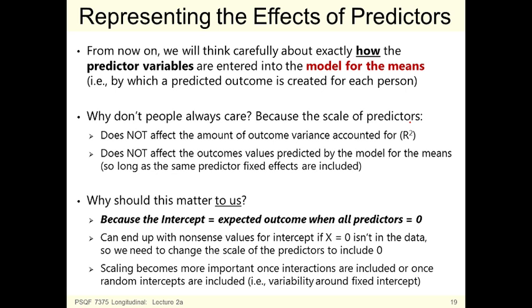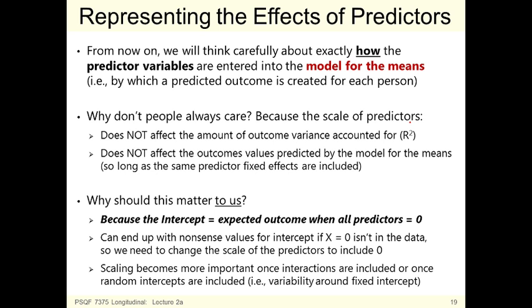But the reason that some people don't necessarily care about this is because choices that you make for centering, when you're centering with a constant, meaning that every person has the same value subtracted or added to their predictor, it doesn't change the model in the sense of variance accounted for. It doesn't change the model predicted outcomes. What it does change is what the intercept means. And so you can end up with intercepts that don't make any kind of sense if you don't have a centering point for your predictor that is in the scale of the data, so 0 has to mean something.